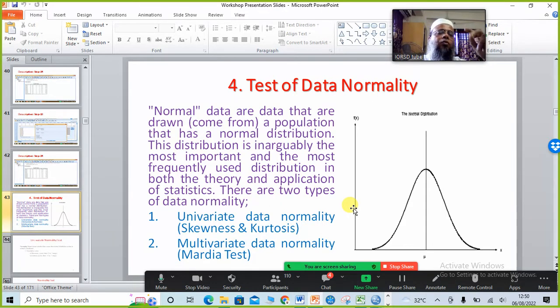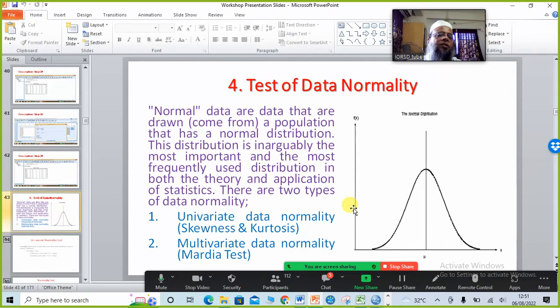Actually, there are two kinds of data normality. One is univariate data normality, another is multivariate data normality. Univariate data normality can be tested through skewness and kurtosis, whether your data is skewed or has kurtosis towards any side, and whether your data is multivariate normal.